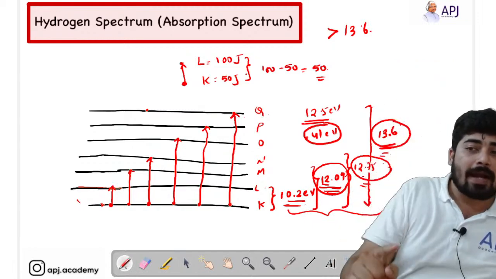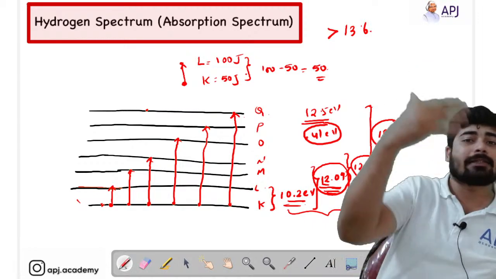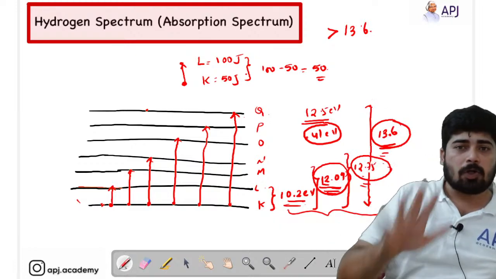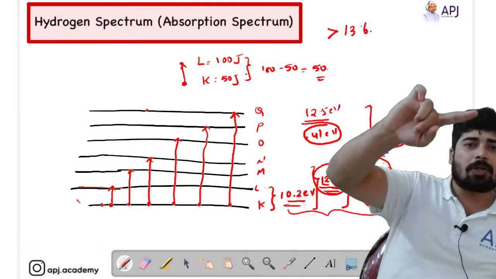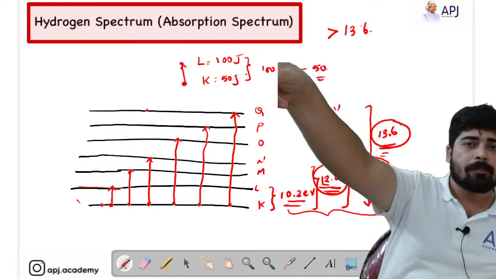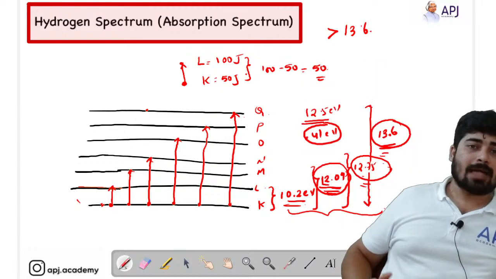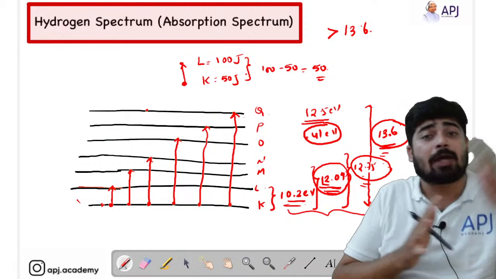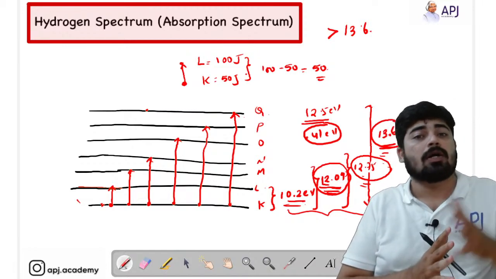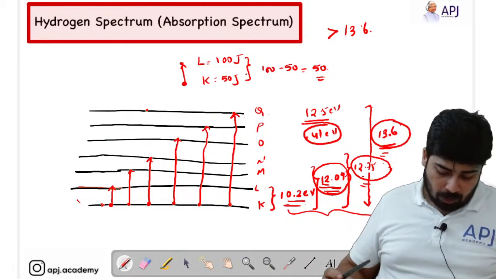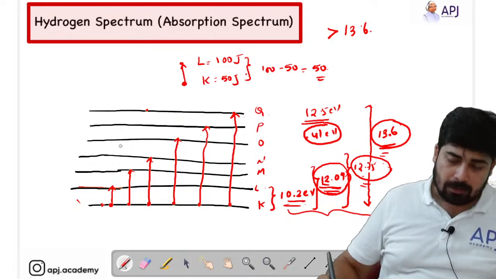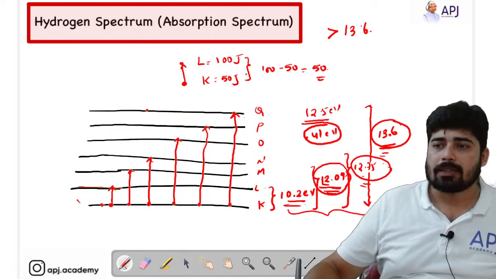That means the atom gets ionized. It converts to a cation. Okay? Now we'll move on to the next one.